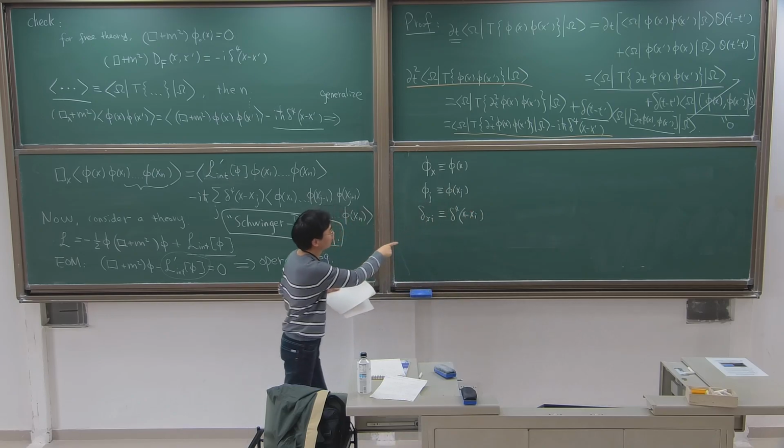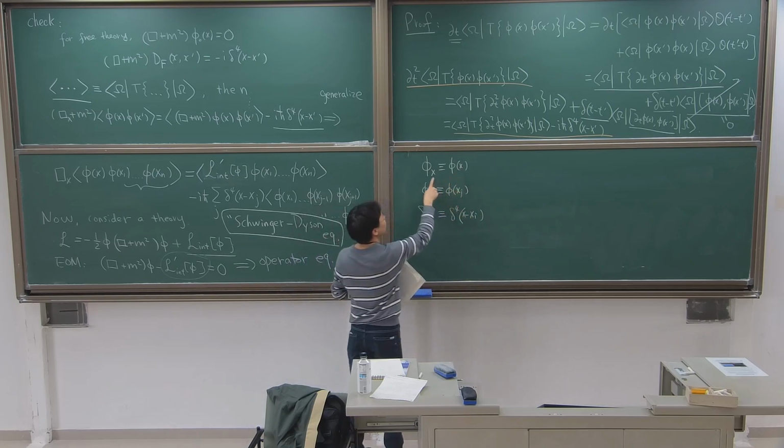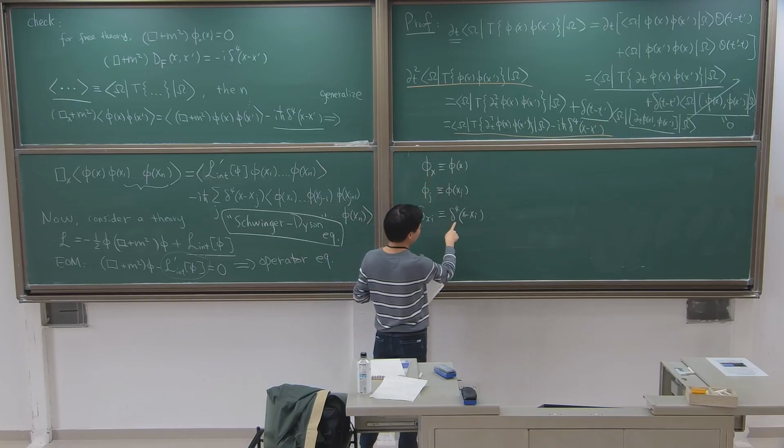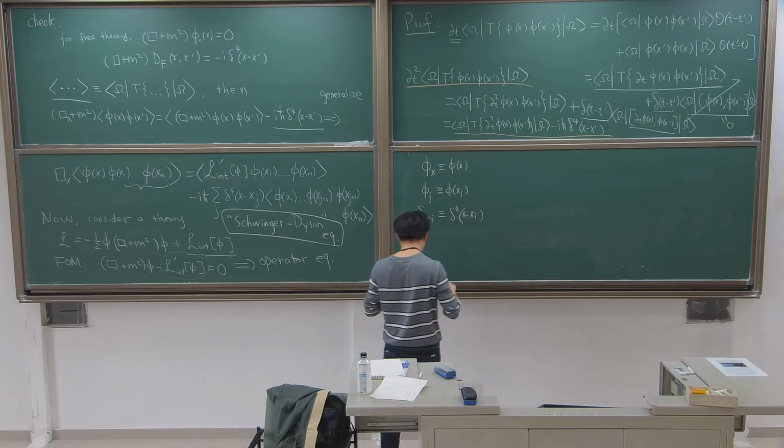I try to make all the variables into the subscript. I just use delta_xi, but it truly means this fundamental delta function.